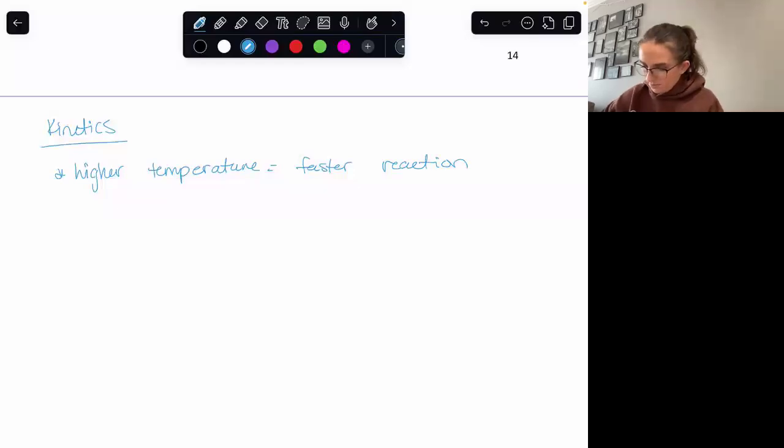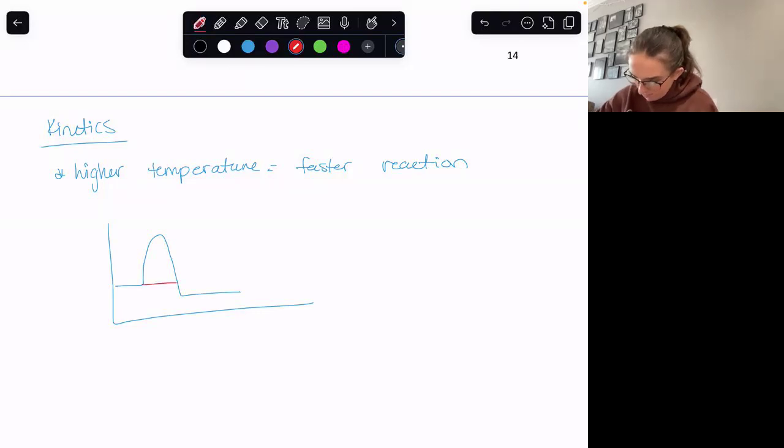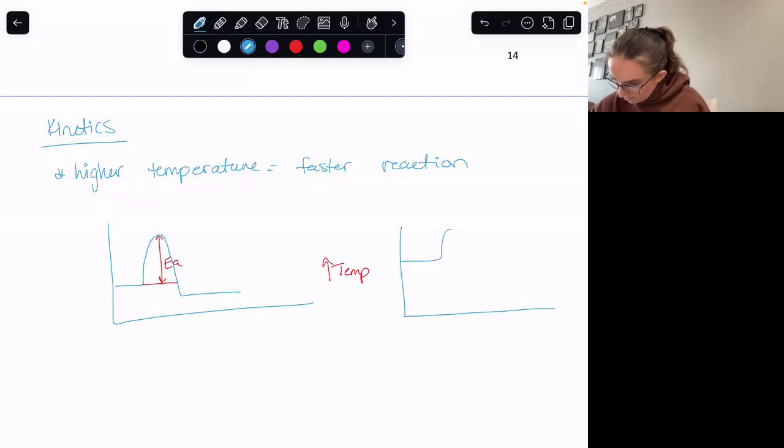Okay, so, right, if we're looking at a reaction coordinate like this, this is EA. And if we increase temp, then we're increasing the energy of that reactant.